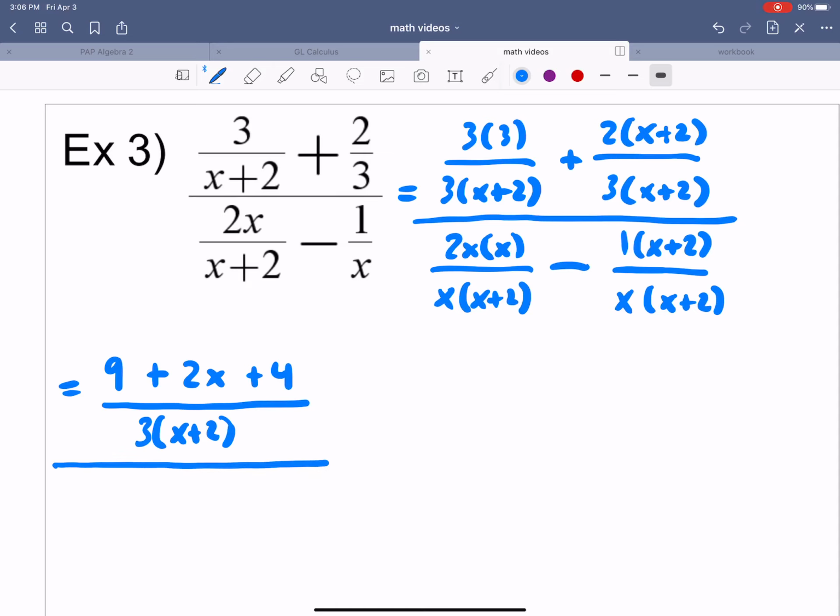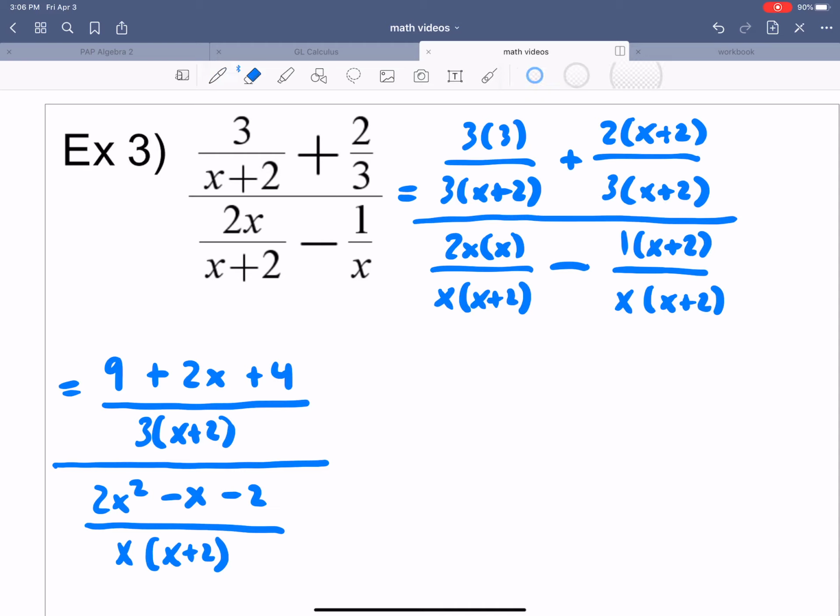That's all over 2x squared. Now be careful with this subtraction sign, okay? Be careful with that subtraction sign. Distribute it. So 2x squared minus x minus 2 all over x times x plus 2. Okay? So I don't like where that equal sign is, so let me put that over here.